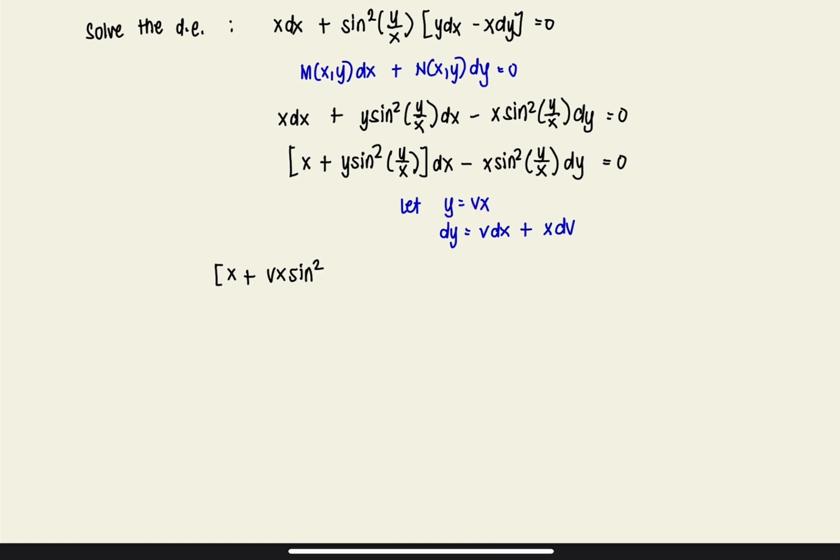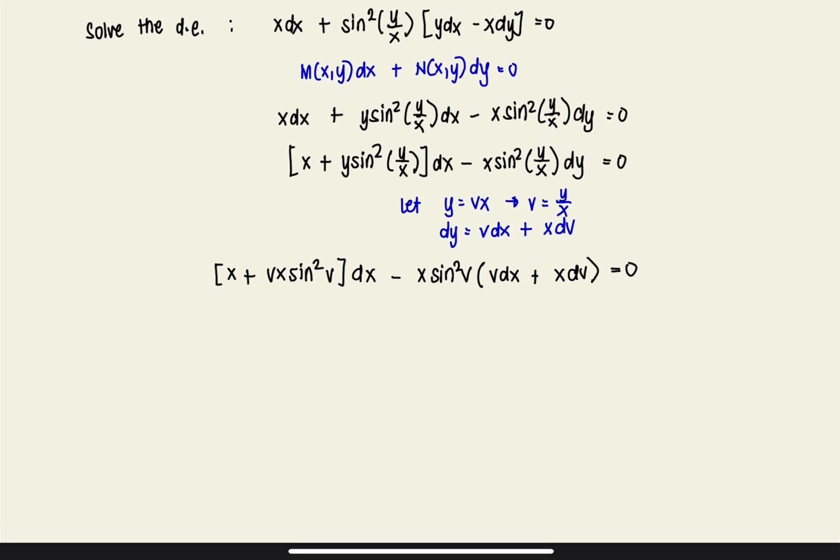Since y is equal to vx, then v is equal to y over x. So that would now be sine squared of v dx minus x sine squared of v, and then dy is this one. So substituting, that's v dx plus x dv equals 0.